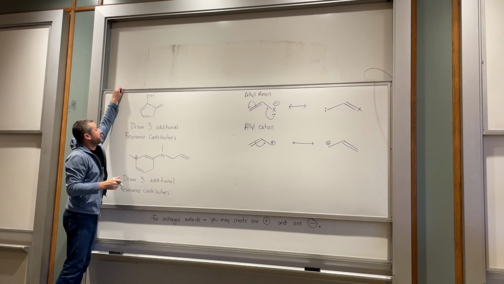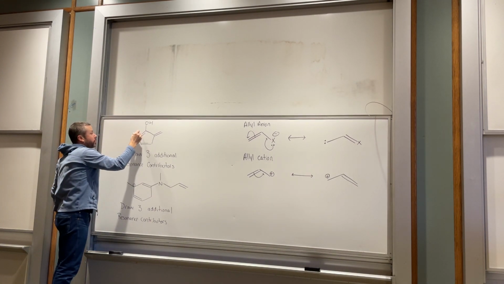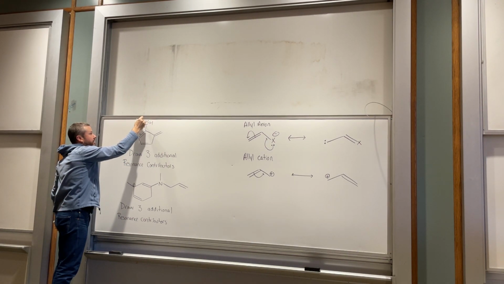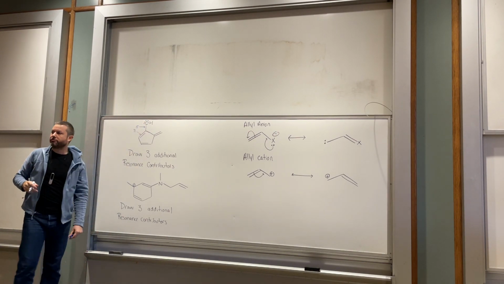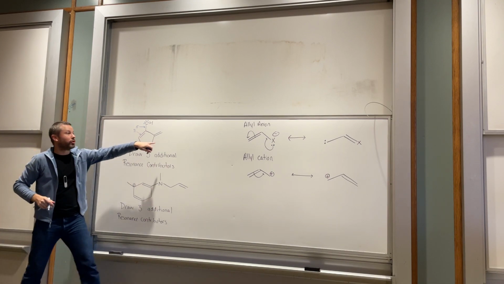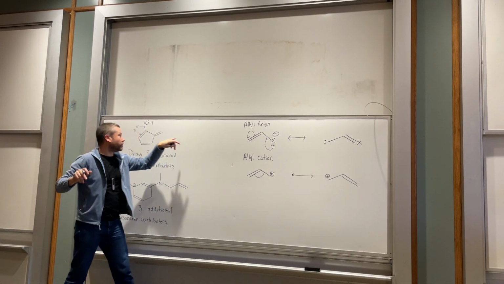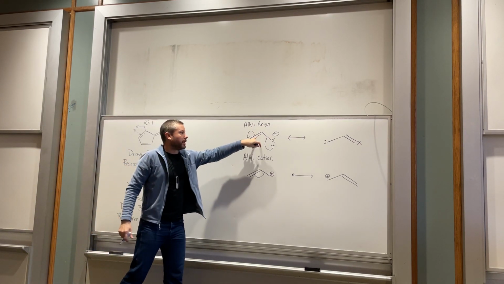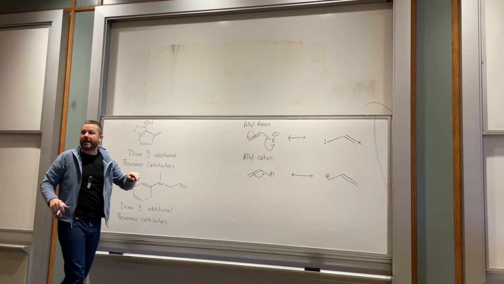If you look at this system up here, we have our pi bond attached to a sigma bond, and then on that sigma bond an oxygen with two non-bonding pairs of electrons. So this is an example of the allyl-anion, even though this is not an anionic system.